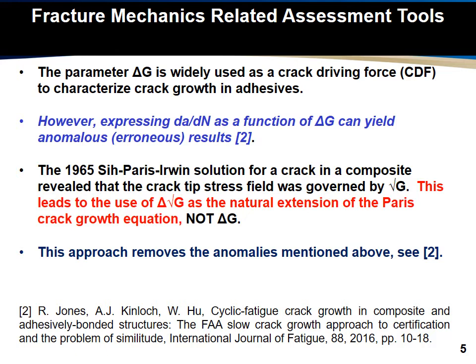The important thing to note here is that it is delta square root G and not delta G. When you do this, many of the anomalies that you'd seen before vanish.